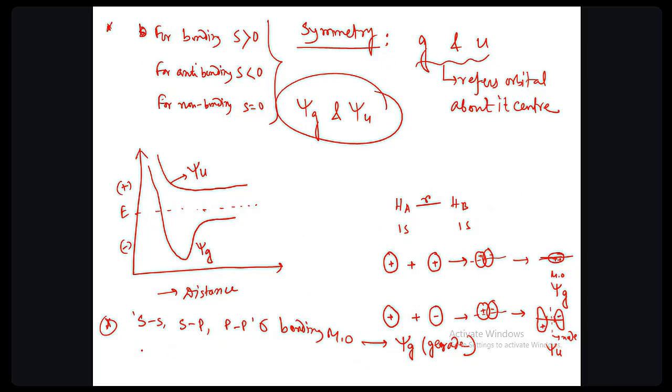But SS, SP and PP sigma anti-bonding MOs are ungerade symmetry, psi u. You have to remember it. We do not go into the plot. So all the sigma bonding, like SS, SP, PP, are gerade and anti-bonding are ungerade. That is the general norm.